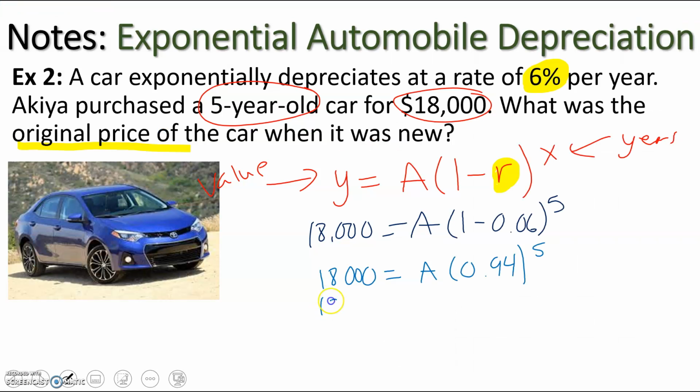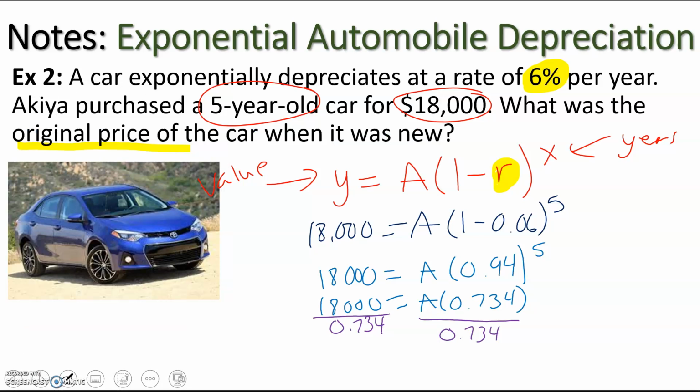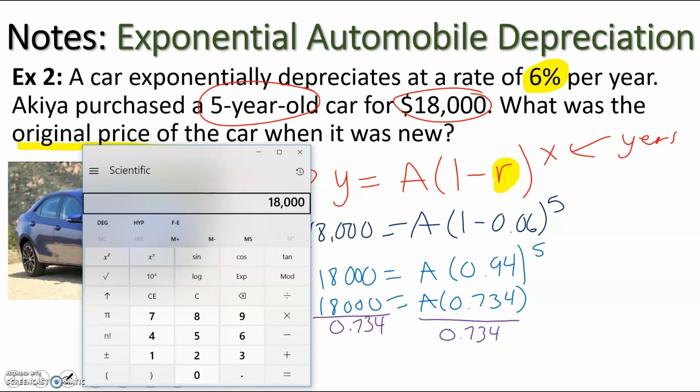So we're going to say we have 18,000 is equal to A times 0.734. Now we want to solve this equation for A, so let's get rid of that 0.734 that's being multiplied. The opposite of multiply is divide. So we'll divide both sides by 0.734, and then using our calculator, we have 18,000 divided by 0.734.